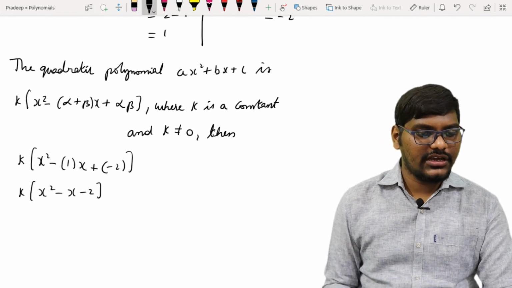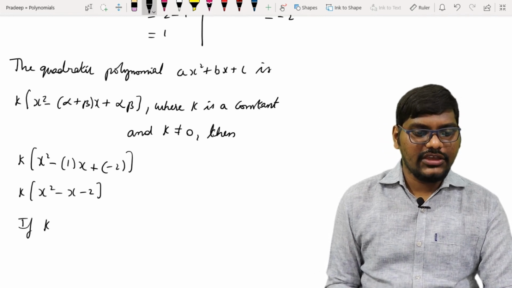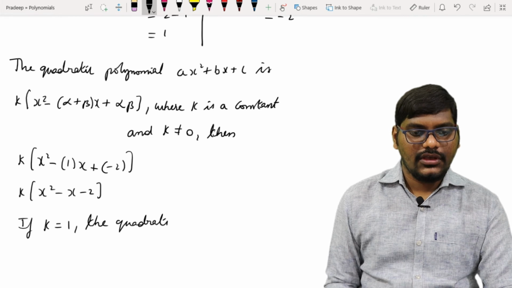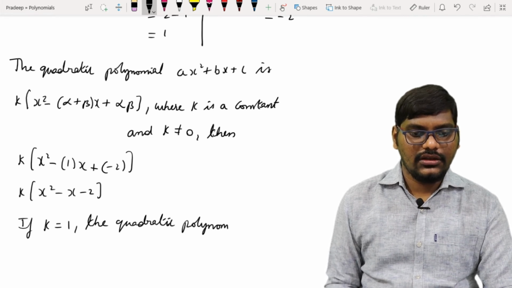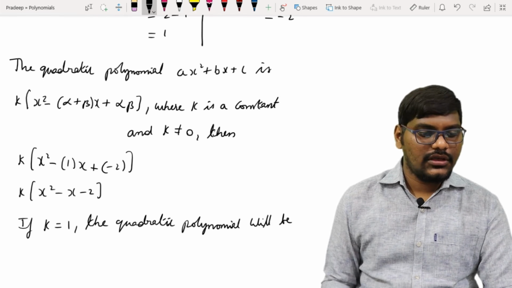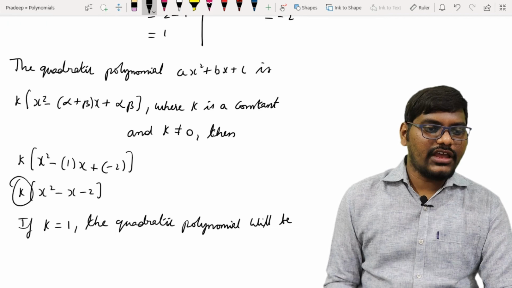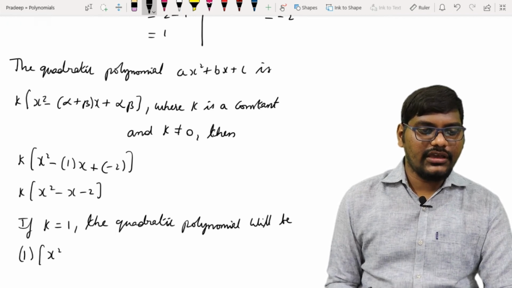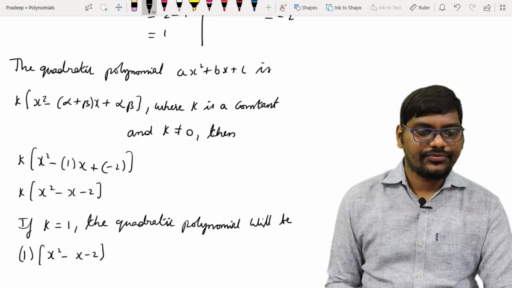If k is equal to 1, then the quadratic polynomial becomes, in the place of k I'll write 1, and the remaining stays the same.